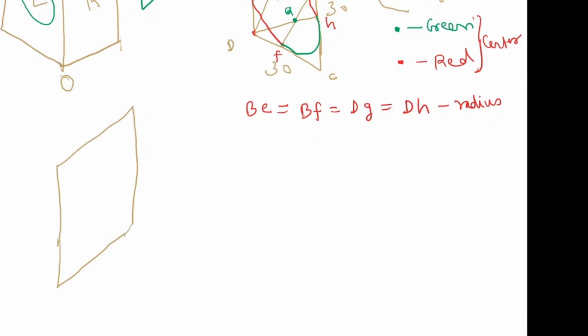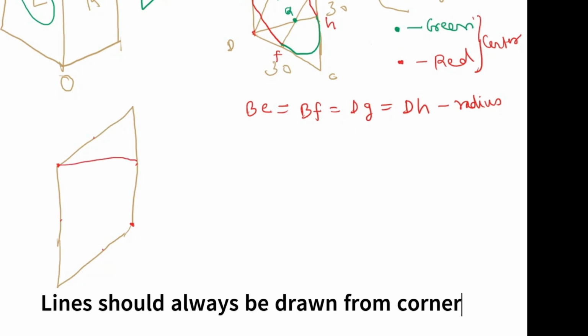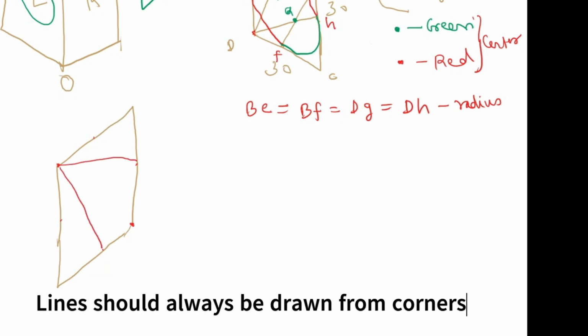The shorter diagonal is given by this point and this point. Midpoints 1, 2, 3, 4. And now we'll draw lines. So from this to this, from this to this, and from this to this, and from this to this.